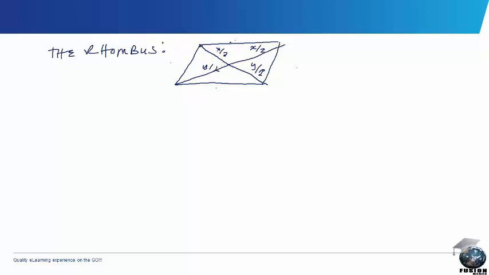Something we should note about the rhombus is this: a square is a special type of rhombus, and so it has two equal sides.